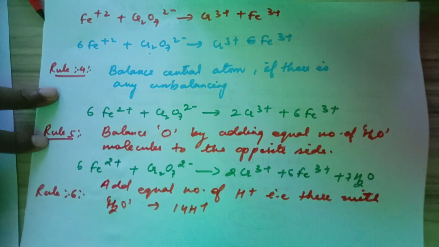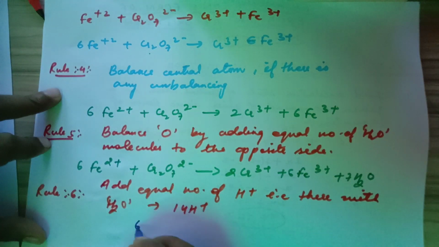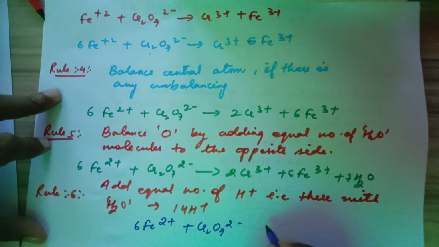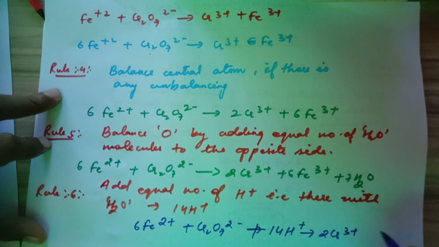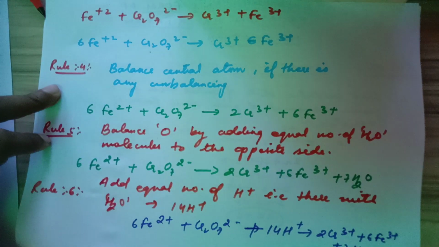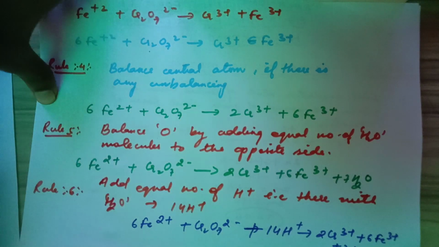So it will be written as 6Fe2+, Cr2O7 2-, and 14H+, and it will be written as 2Cr3+, 6Fe3+ and 7H2O. Now let's see whether the given equation is balanced or not.